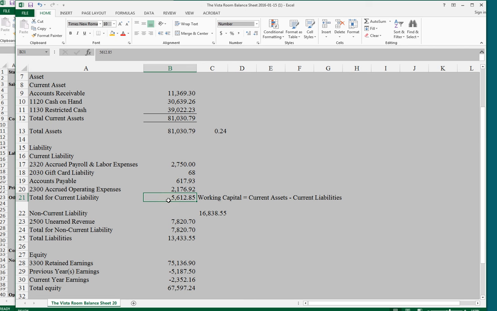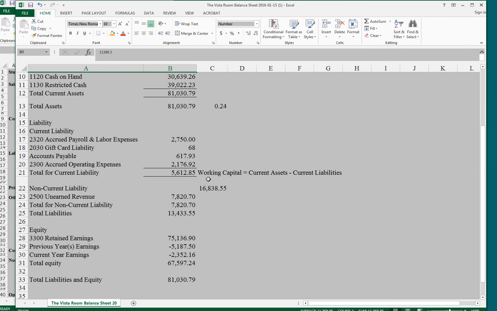We are relatively current liability light compared to the amount of current assets we're holding on to, and that's primarily because the university requires us to hold on to cash, from a risk management perspective, to cover the future purchases that we're going to be making. We also have a large accounts receivable balance because we bill out catering and banquets and have house accounts that departments on campus can charge to. And that's about it.